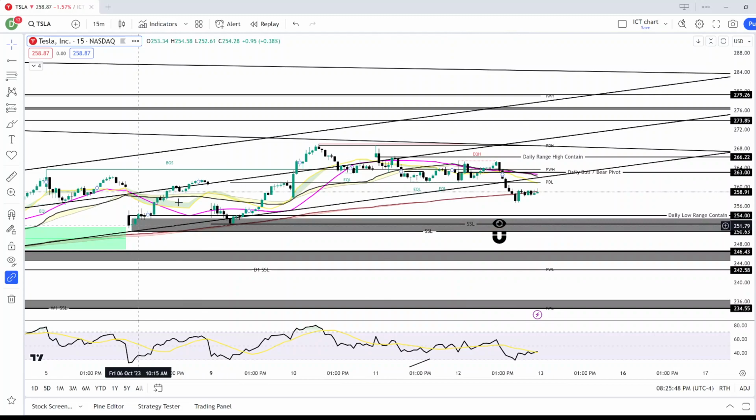It was tested over here once, so I do anticipate that if we come back down to it, we might see some kind of reaction, and then potentially into next week, take it out and come back down into this order block and this 15-minute fair value gap that is resting from a previous day. And so we also have fair value gaps in here that would be bearish from this wick to this wick. Okay, but that's up around our bull bear pivot, so we do expect if we head up there anyways, probably going to test that bull bear pivot line and see what happens.